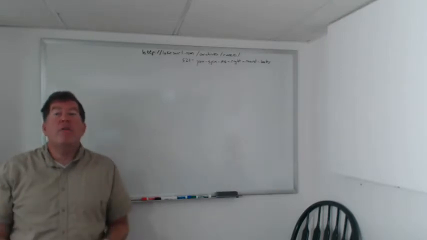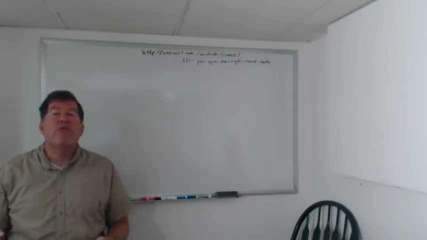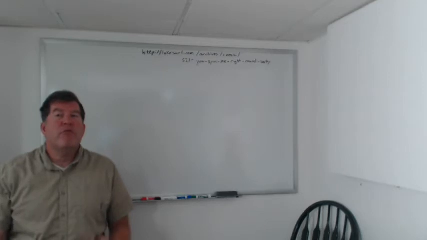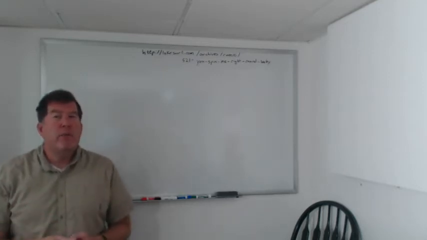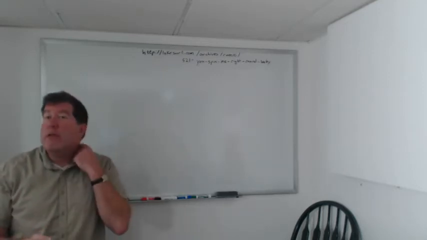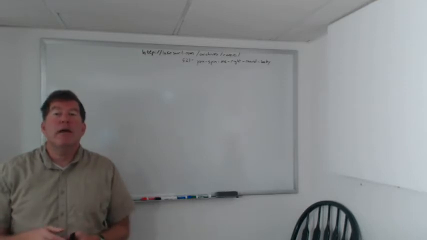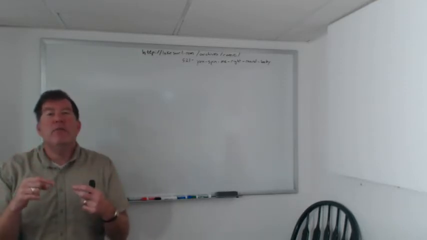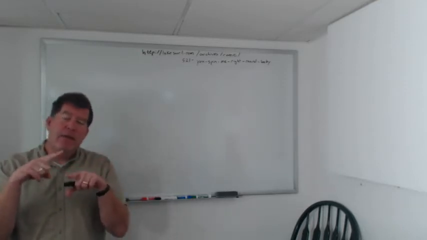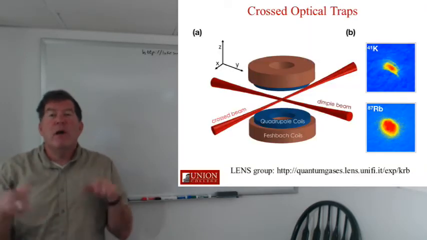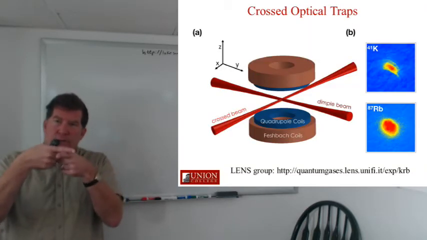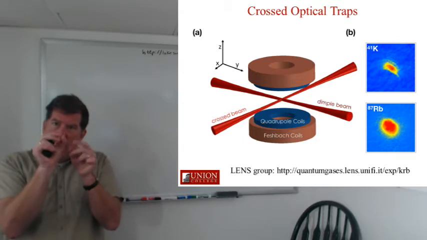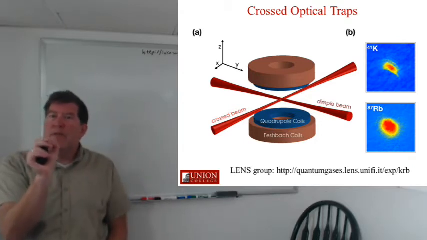Now, for our purposes, what we care about is that these are extremely low energy atoms, which means that you can hold them in fairly weak traps. And so you can do things like catching your Bose-Einstein condensate just in the focus of a laser beam, right? You can make these crossed optical traps where you take two lasers and you intersect them, and you have a region where these two laser beams come together.